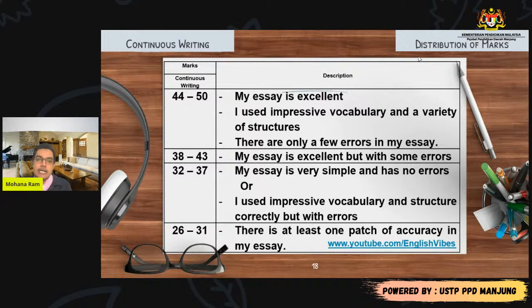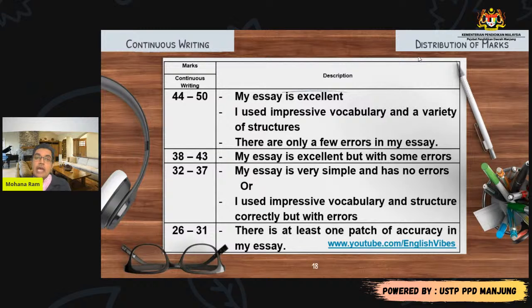Okay, next, this is basically how I have put your marks, the scores. For continuous writing, if you are someone who has been getting 44 to 50, it means your essay is excellent. You have used impressive vocabulary and a variety of structures, and there are only a few errors in your essay.